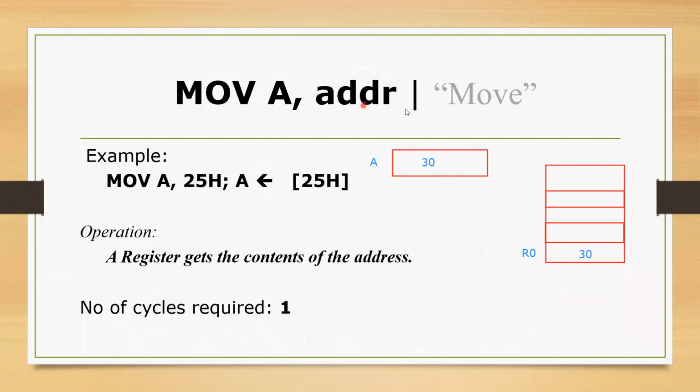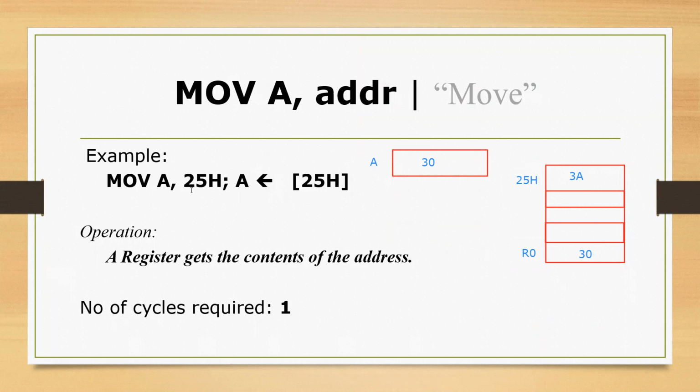So move A comma address. We have an address location that is 25 hex. Here 25 hex means the memory location 25. Let the content of this location be some value, 3A. This value will be copied to the destination, the A register, and the source is 25 hex.